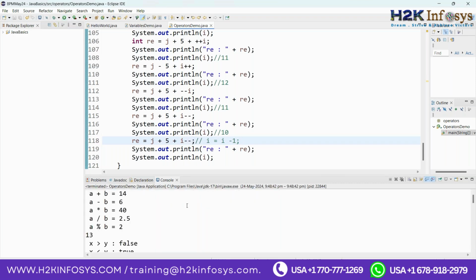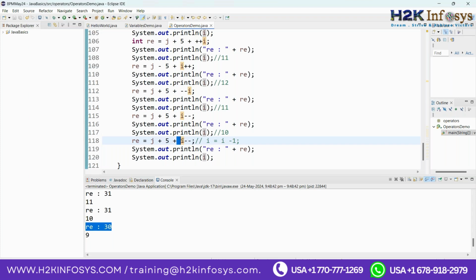The reason is that it's actually post. Post means only after this expression is evaluated will it happen, irrespective of whether you have parentheses or not. When parentheses are there, they are given first priority, no problem.